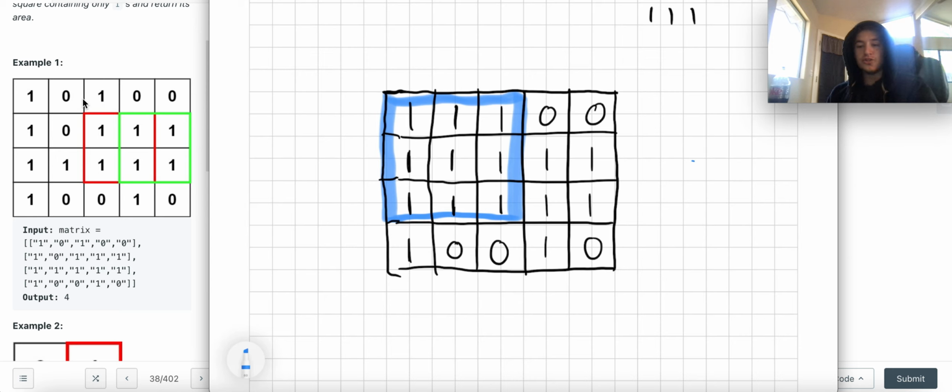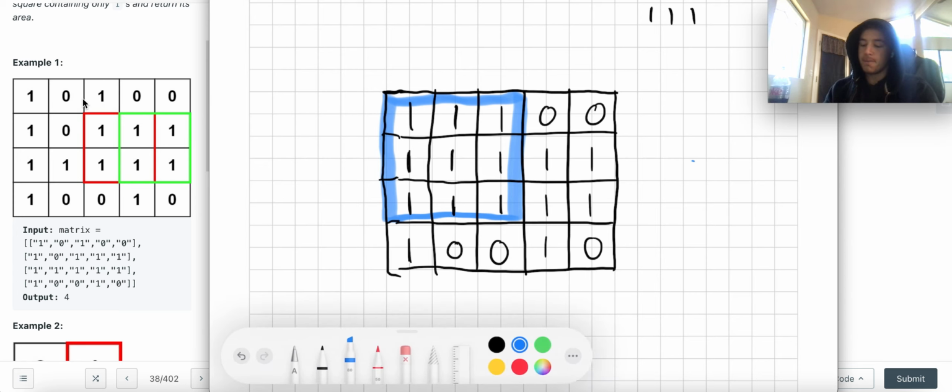So how would you use dynamic programming to find this square efficiently? Well, we can think of any square as having an edge that you can check.